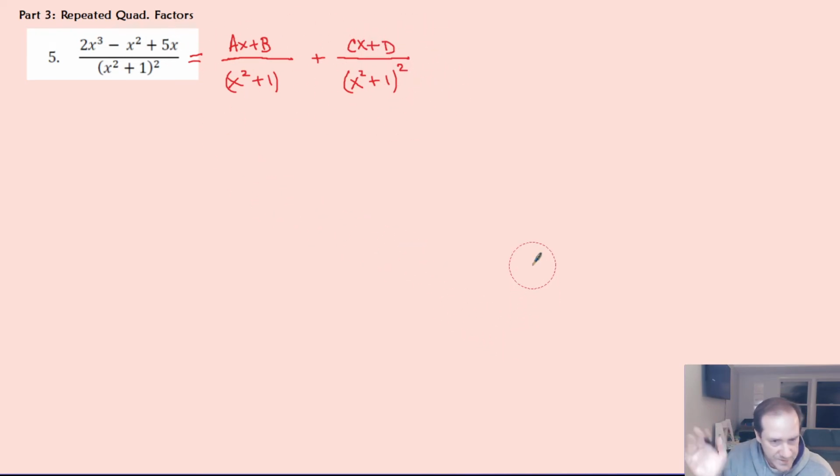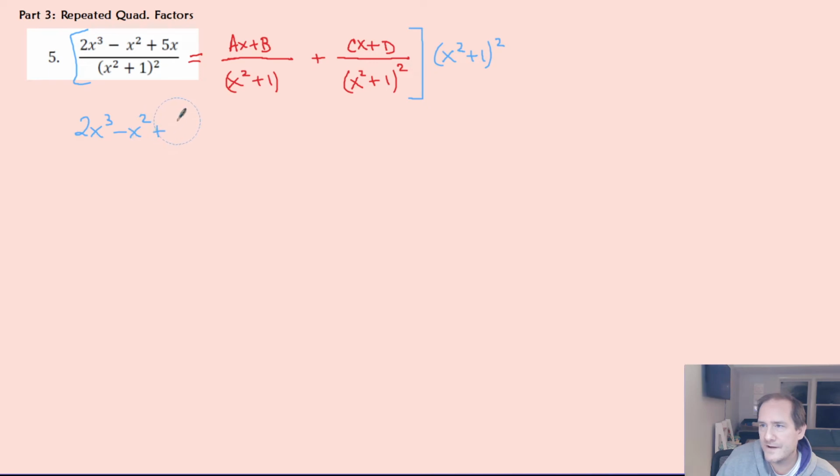And then from here you do what we always do. We multiply through by the LCD, the x squared plus 1 squared. When that thing distributes through, it's going to multiply all the way over to here and cancel the denominator, giving me the 2x cubed minus x squared plus 5x.